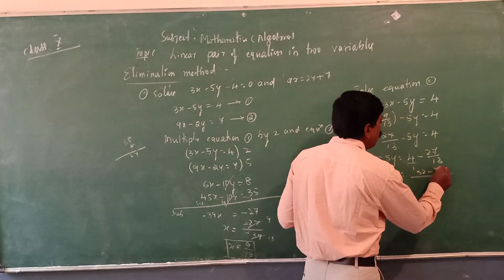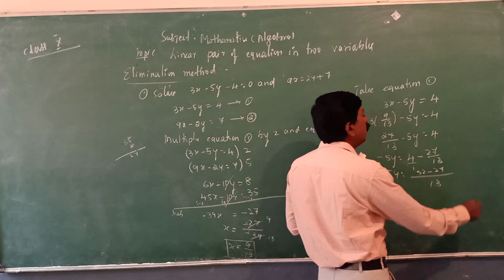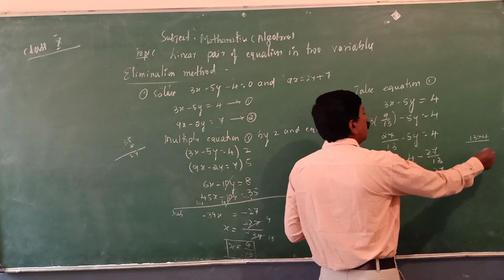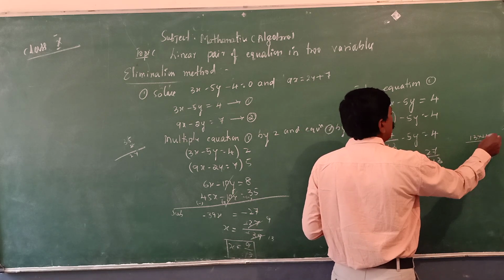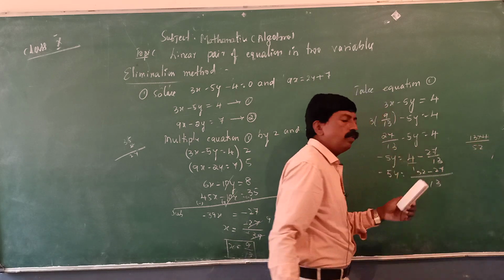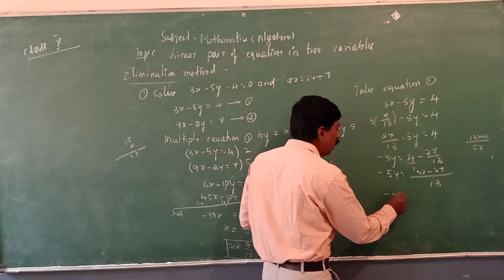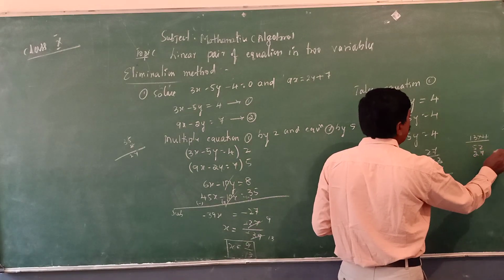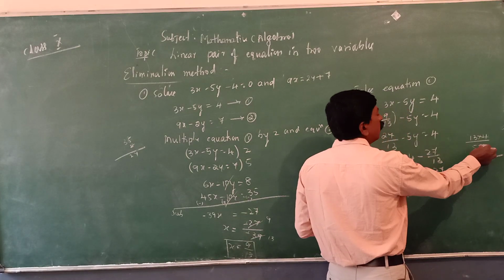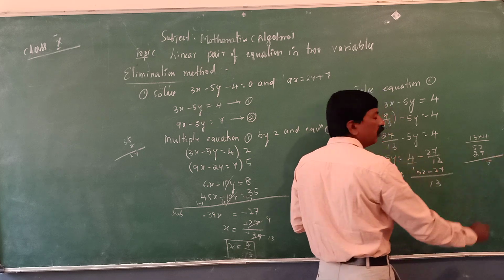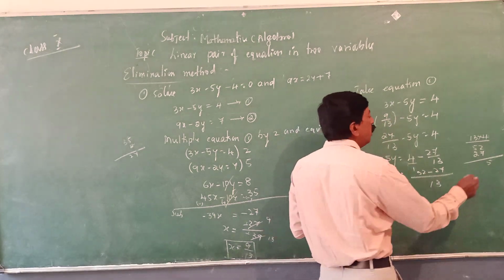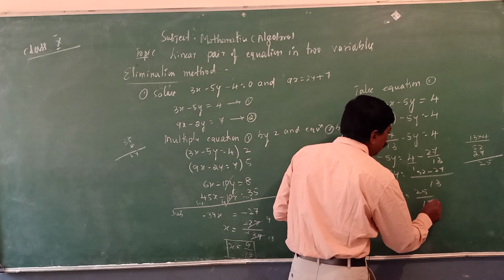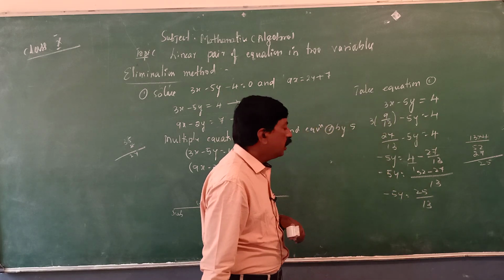So 52 minus 27. Once again look here, 13 into 4. If you don't know, you can multiply like this: 4 3s are 12, 4 1s are 4 plus 1 is 5. That is 52. Now minus 5y is equal to 52 minus 27. 12 minus 7 is 5, 4 minus 2 is 2. So 25 by 13.